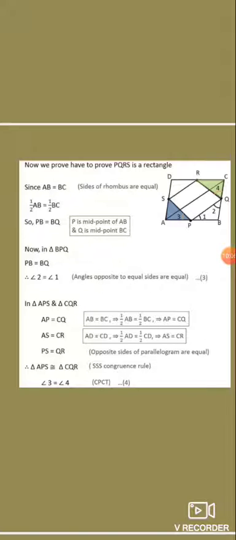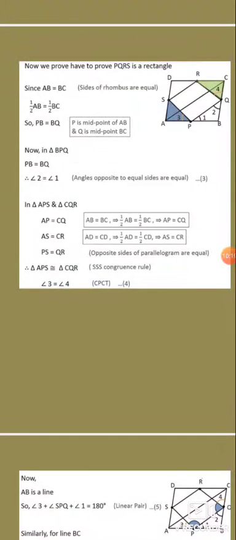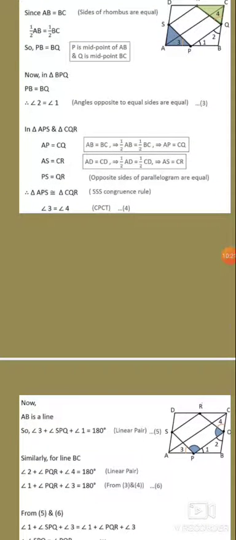AD equal to CD implies half of AD equal to half of CD, which implies AS is equal to CR. Next, PS is equal to QR, that is, opposite sides of the parallelogram are equal. So triangle APS is congruent to triangle CQR using the SSS congruence rule. Now we can write angle 3 is equal to angle 4 using CPCT. Put equation number 4.